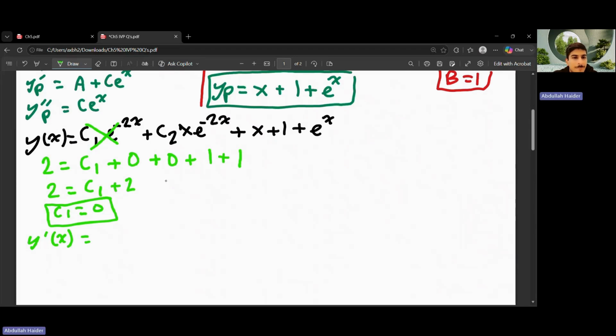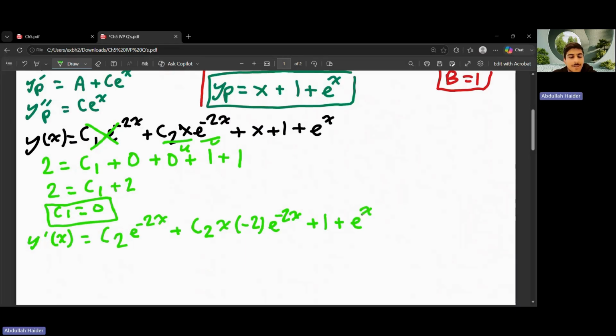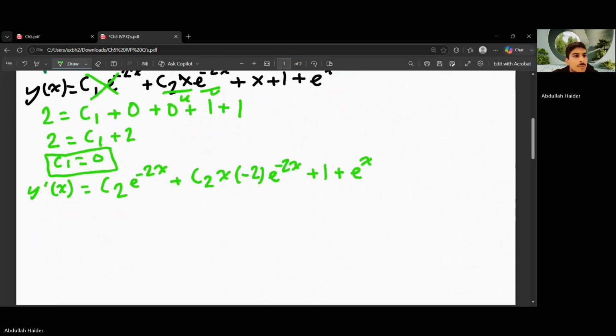So y prime will be, assume we're using the product rule for this, this is u, this is v, then u prime v, C2 e power minus 2x, plus u v prime, C2 x times minus 2 e power minus 2x, and the derivative of x is 1, the derivative of 1 is 0, and the derivative of e power x is e power x. So the purpose of the derivative is to find C2.